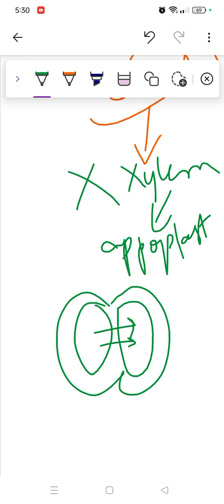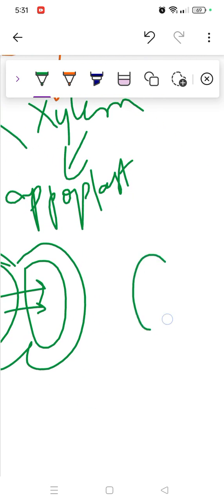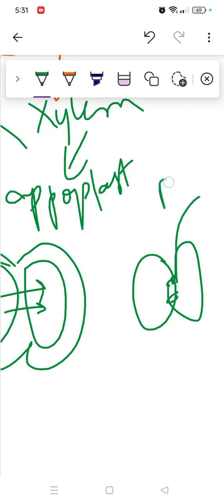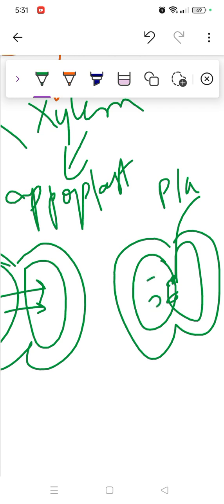Otherwise, in the symplast, I'm making a picture here. In the middle you'll see a few holes in the structure. These holes are called plasmodesmata, and movement takes place through the cytoplasm, so the whole symplast continues like this. But in the apoplast it isn't like that.